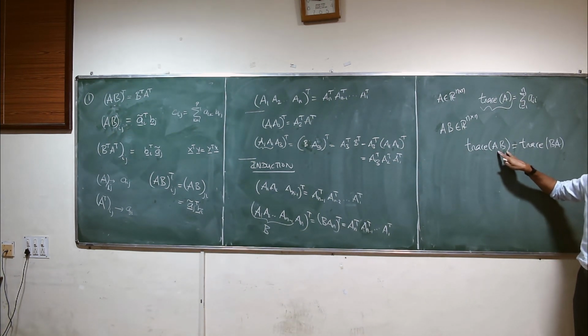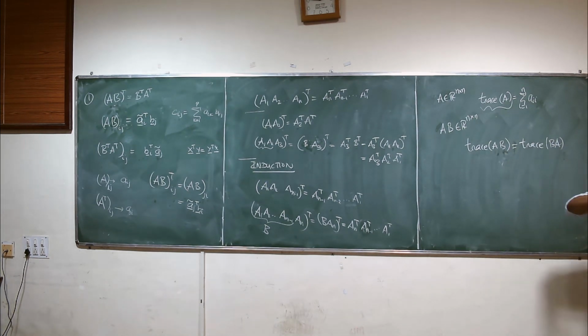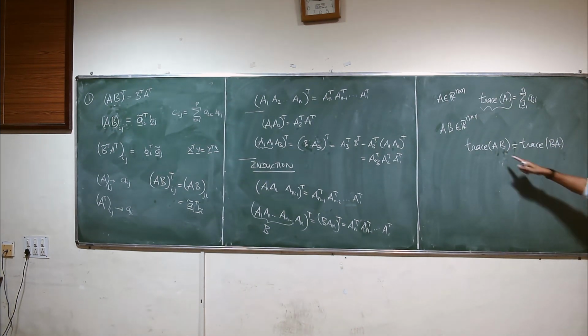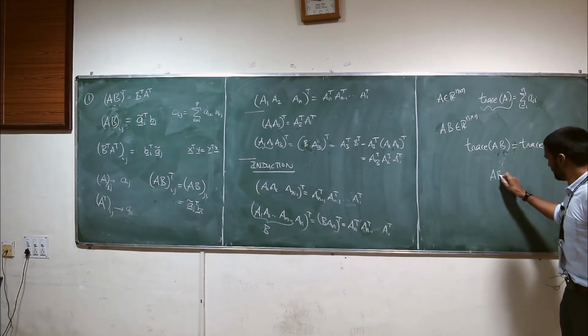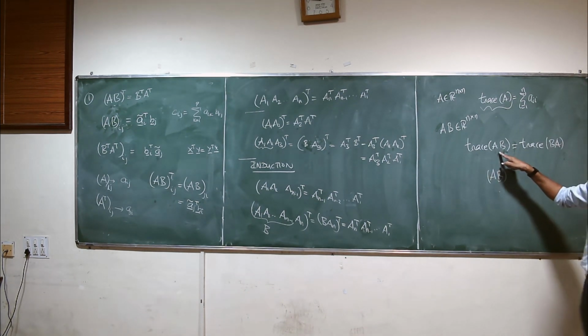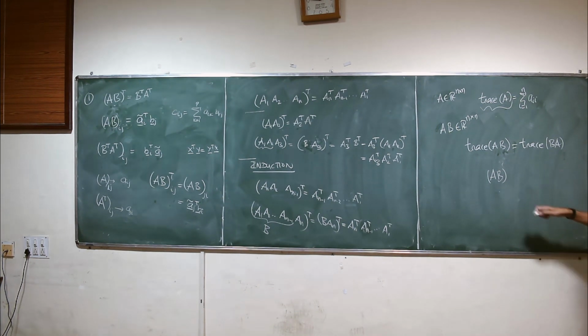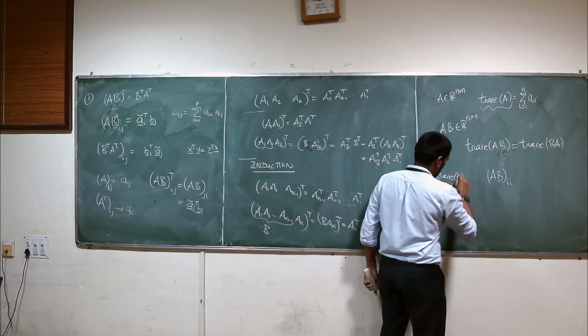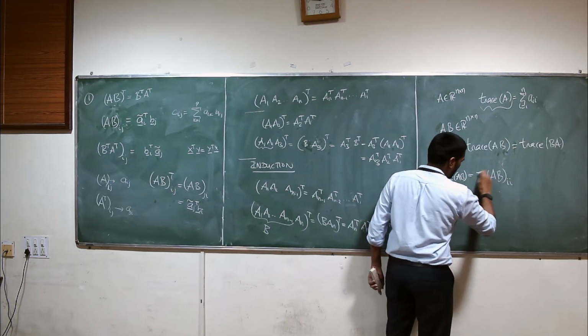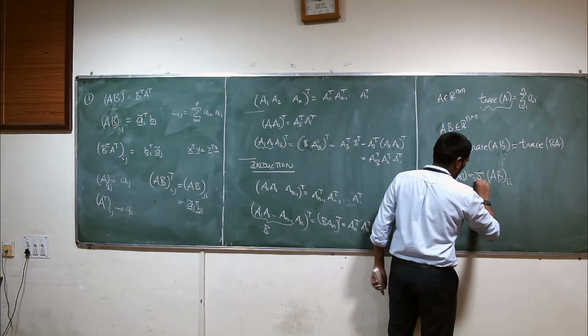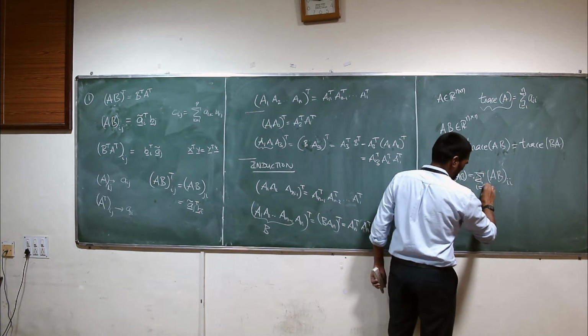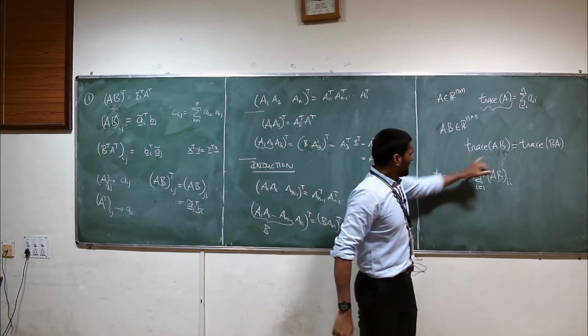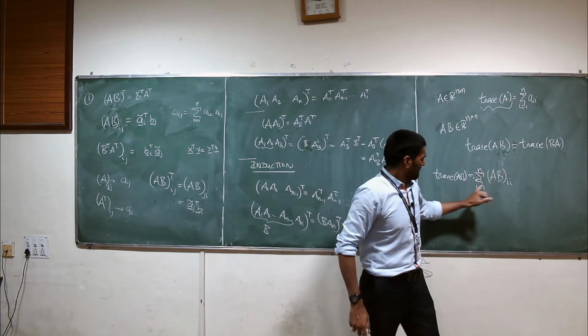How do I compute the diagonal? See, you have this matrix AB. Trace of AB only depends on the diagonal elements of AB. AB is an n cross n matrix.